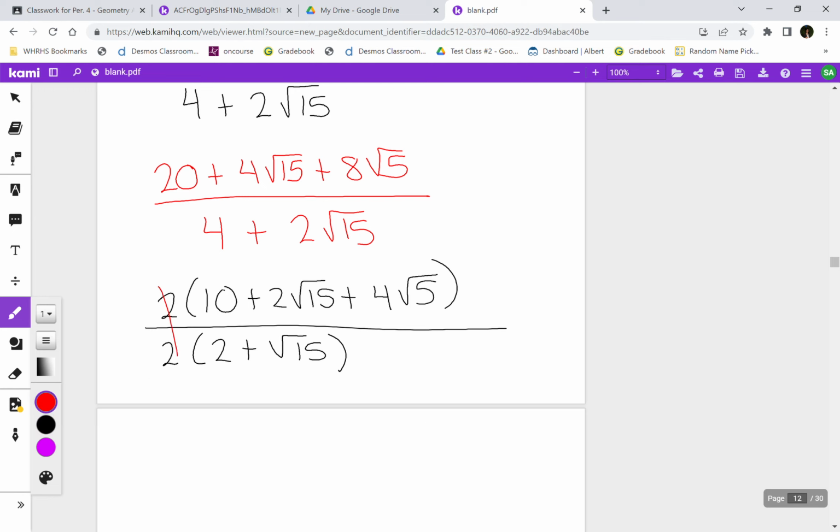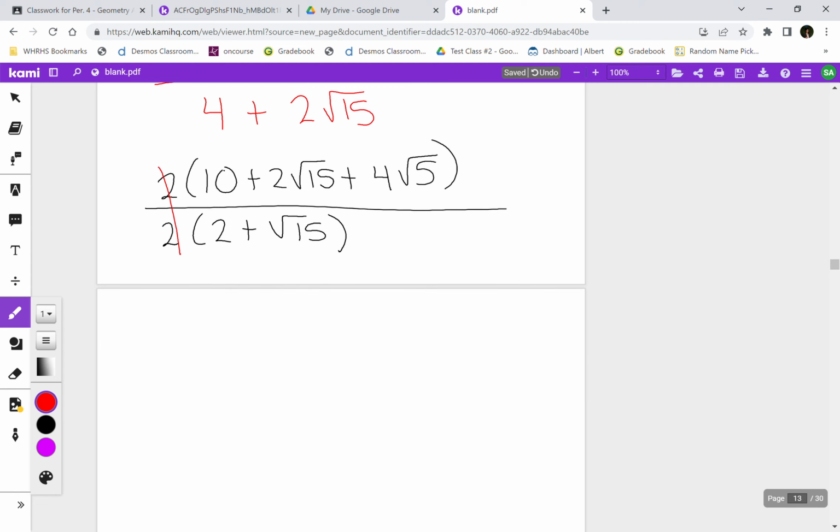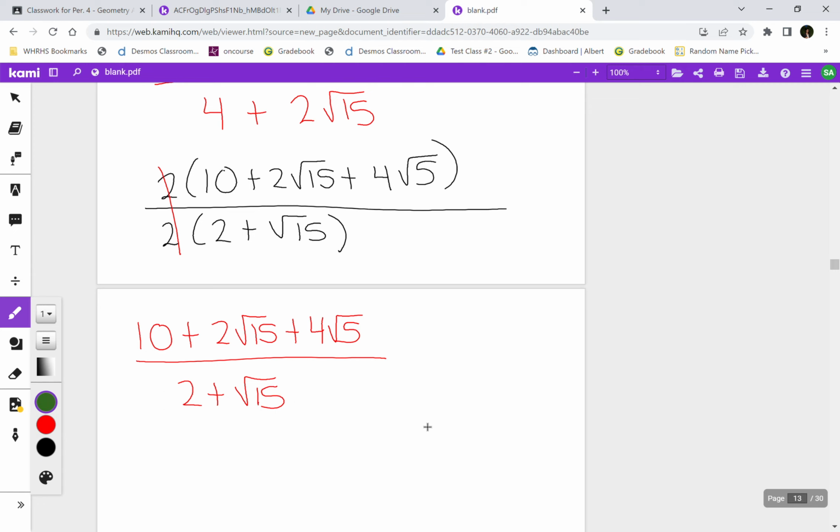These 2's will cancel. So now we have 10 plus 2 root 15 plus 4 root 5 all over 2 plus root 15. What am I going to multiply by? The conjugate, 2 minus root 15.